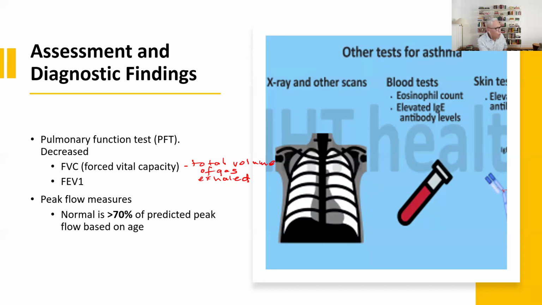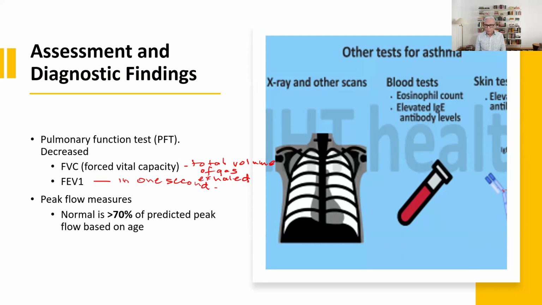So the 1 is the 1 second. So these two are the most important things that we're going to be measuring in the pulmonary function test laboratory.